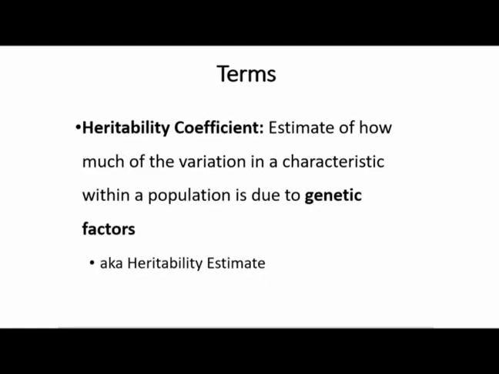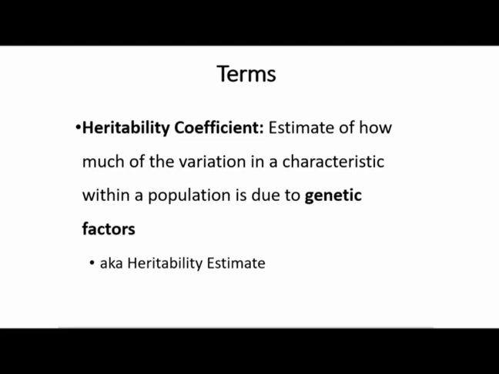Now we can quantify heritability using something called a heritability coefficient. And this is just going to be a value somewhere between 0 and 1, where a heritability coefficient of 0 tells us that pretty much all the variability in a trait among people in a population is due to environmental factors, and a heritability coefficient of 1 is going to mean that the variability in that population is mostly due to genetic factors.